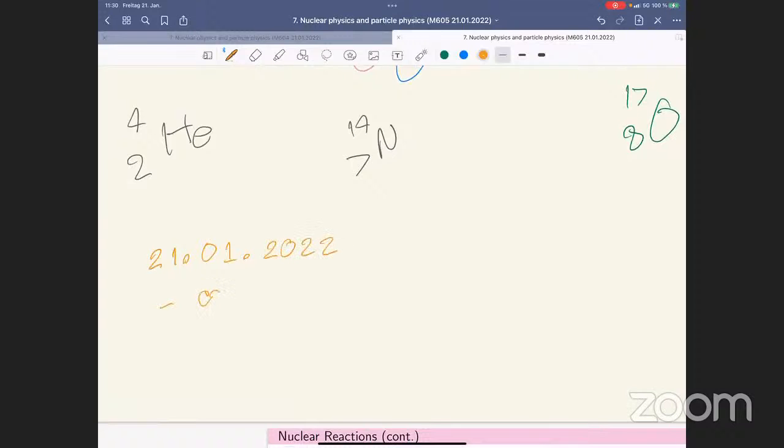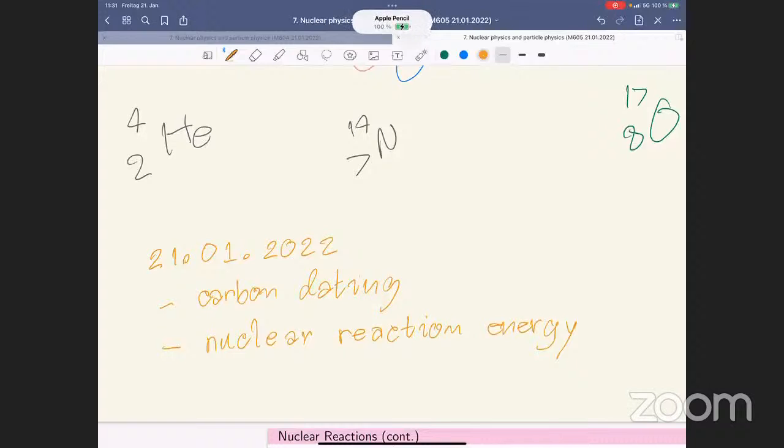Homework is carbon dating or nuclear reaction energy. Those are two possible topics that you could choose as the next round of homework, and we're going to see what happens, whether you can understand what I say to you or not.